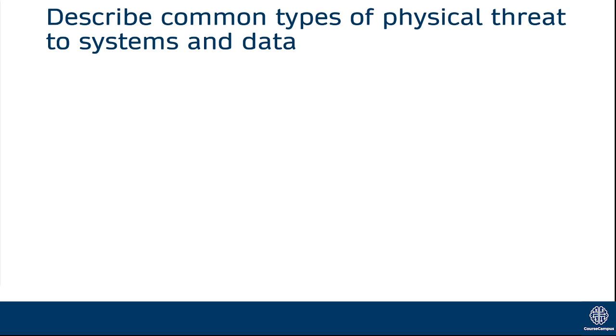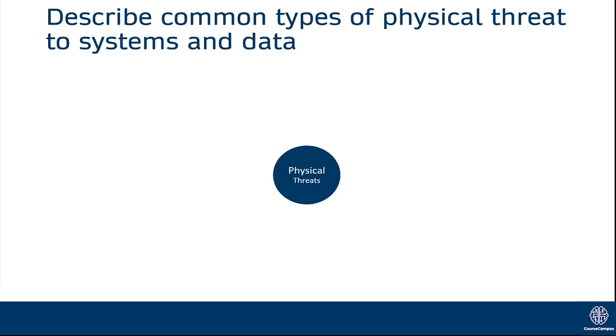So let's start with the first one for IT Security 2, which is describe common types of physical threats to systems and data. If you think about computer systems, if you think about your computer at work, the information on there might be stored on a server, or there might be other equipment which your computer's connected to, either across the network or wired.